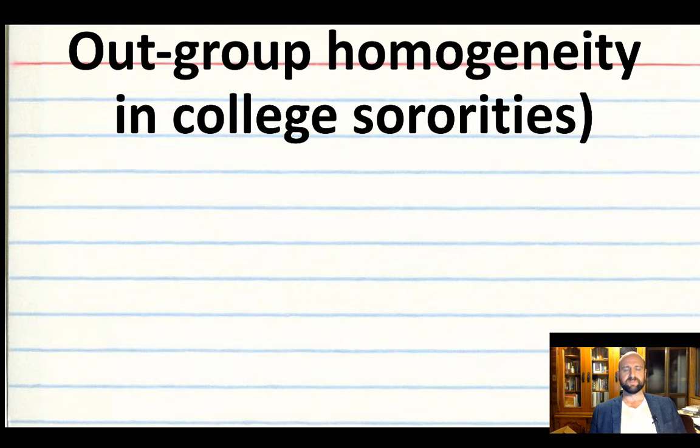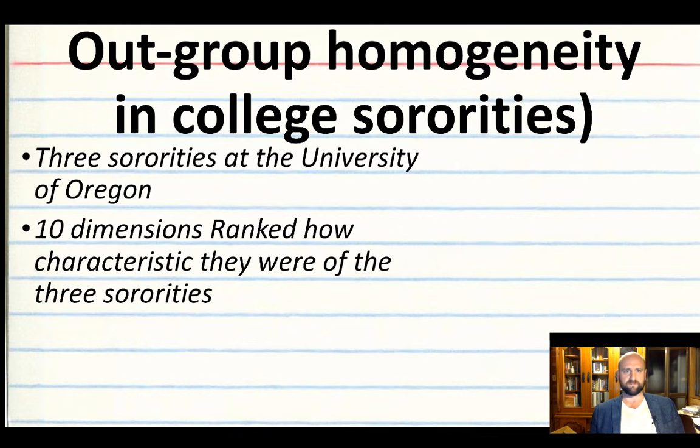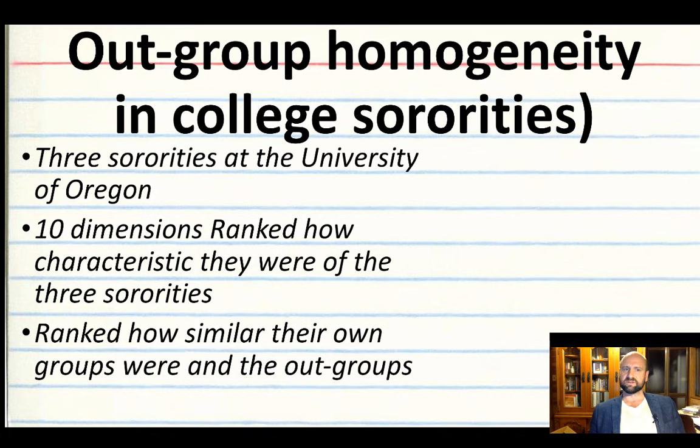Last study, we'll look at the out-group homogeneity effect. Now this is a pretty complex one, so I might make a whole video on this all by itself. But it's out-group homogeneity in sororities. They took 3 sororities at the University of Oregon and ranked them on 10 dimensions. What they wanted to see was how the sorority girls would rank their similarity with their in-groups and out-groups, and also how they would rate the groups.